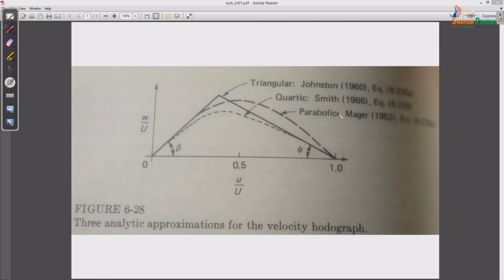The parabolic is matching only at U is equal to 0. Again, the angle is more than phi here, right. And the quartic is interesting because it's kind of matching at both ends, and here, however, it kind of deviates from the other two. Okay. All right.